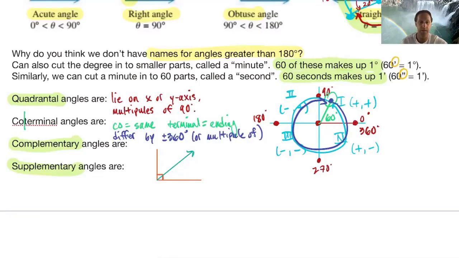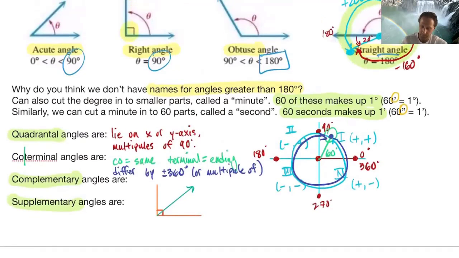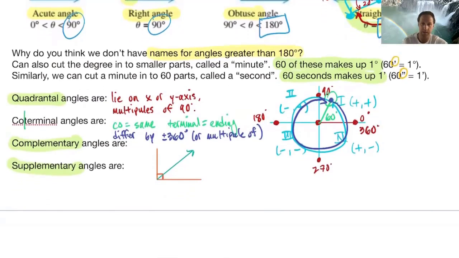Hopefully you said 90. Now, supplementary angles are very similar, but they're going to utilize that other angle measurement that we saw a lot, and that was that 180 degrees. Okay, so those are the big numbers that break these things up.